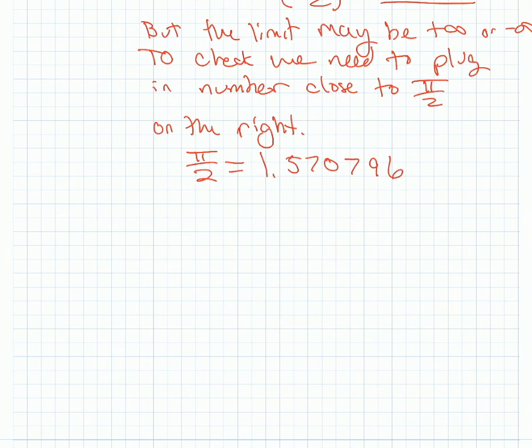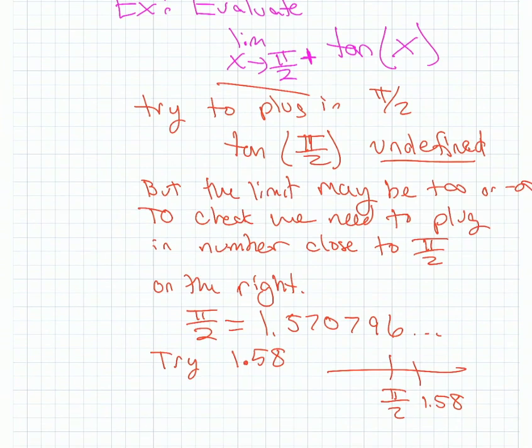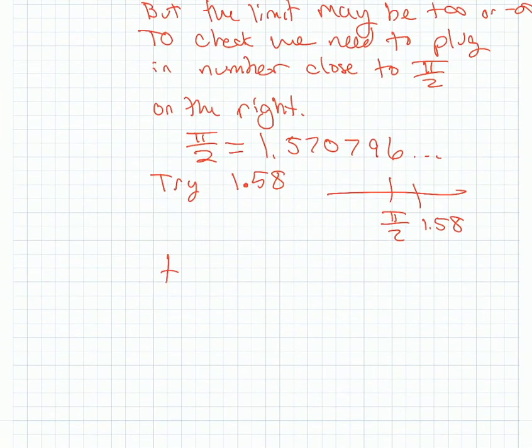All right, so what are we going to plug in? How about 1.58? That's going to be bigger. Why 1.58? Because if pi over 2 is here, 1.58 is on the right. So tangent x: what's tangent 1.58?